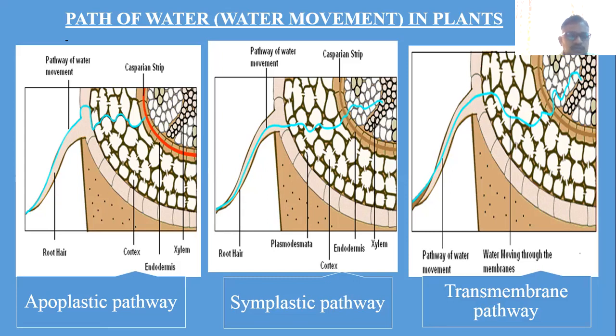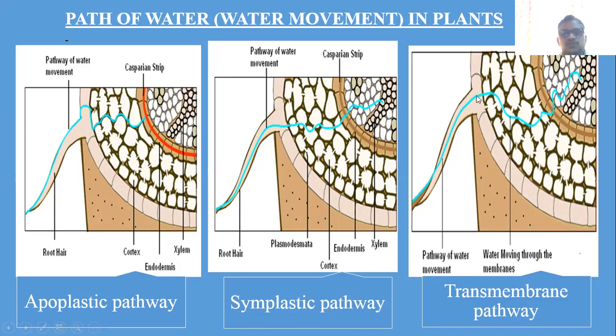And again, when there is pressure from the endodermis and water is unable to move, because of the force exerted by the endodermis, water is forced to move through the cell membrane. Here, water moves through the cells, not through the plasmodesmata or the cell wall.